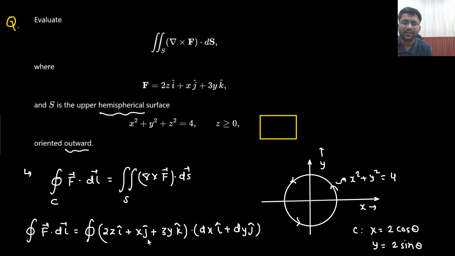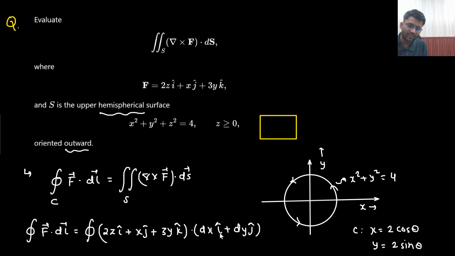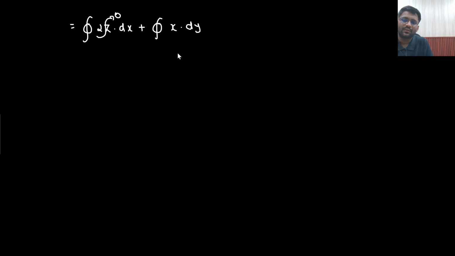So what answer am I getting? 2z dx plus x dy. When you are moving on this line, what is the value of z? The value of z is 0, no? So this will be 0.